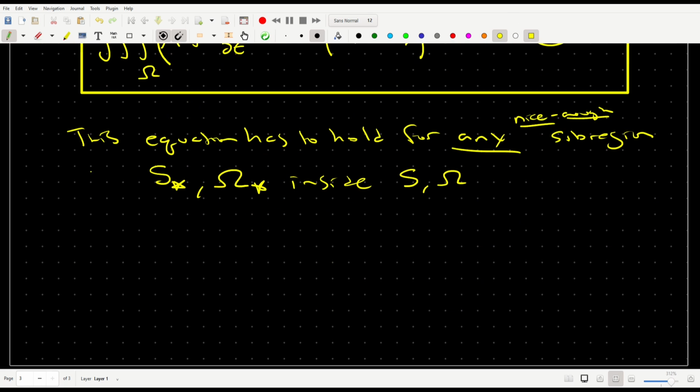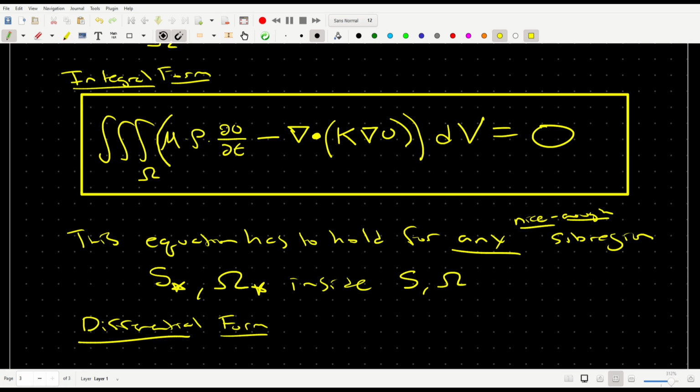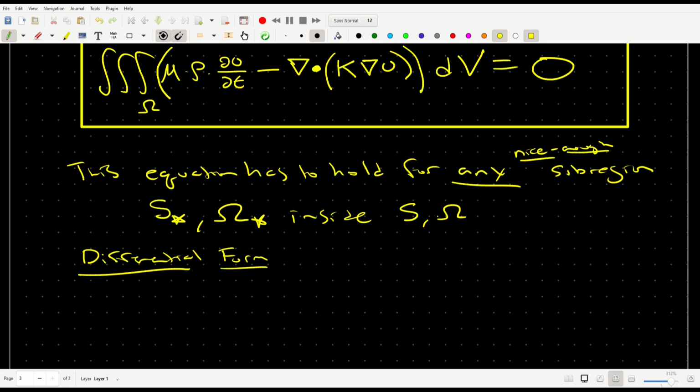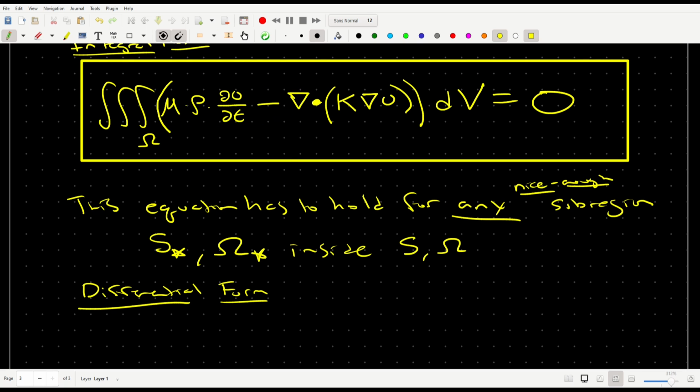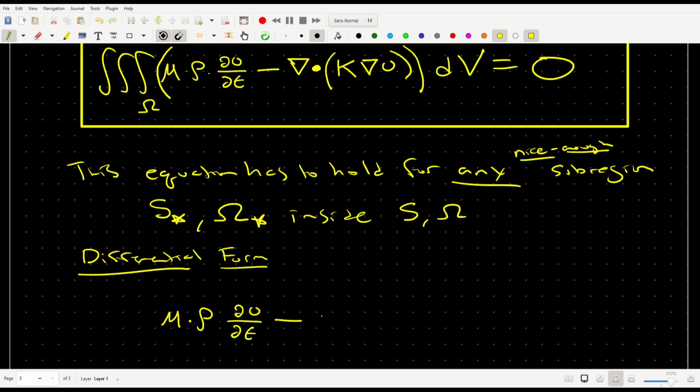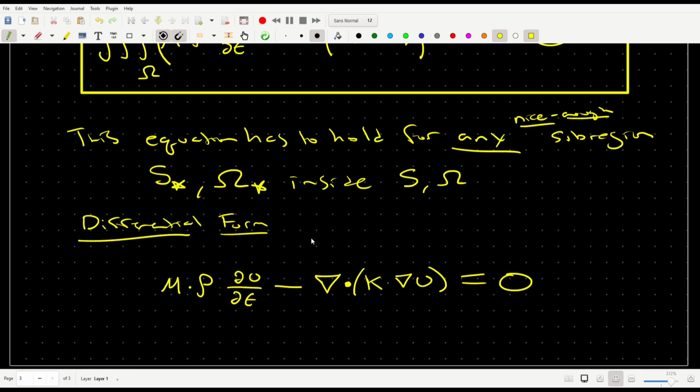The differential form is making the observation that if this equation holds for any subregion inside the original region S omega, this function has to be 0, and therefore u times rho times partial u partial t minus the divergence of k times the gradient of u must be equal to 0.